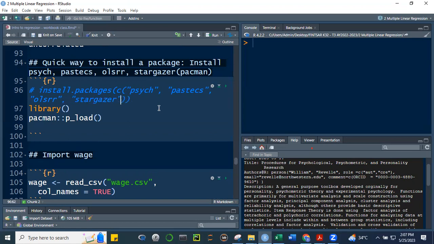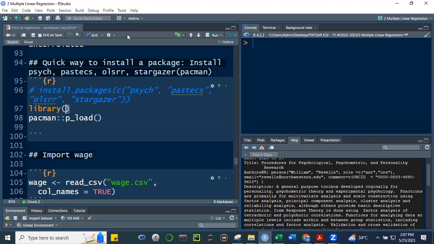Okay, so that's how you load a package. Don't run this first, no? Huwag muna natin i-run, tapos ila-library natin isa-isa. Library ni psych, library ni pastecs, although may function na pwede tayong gamitin para automatic.